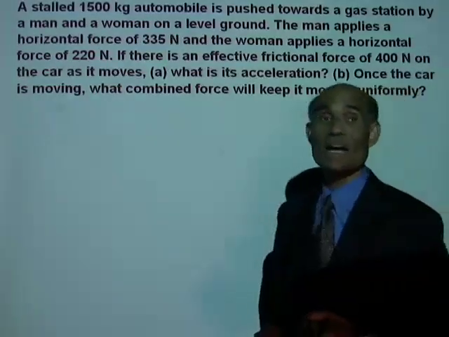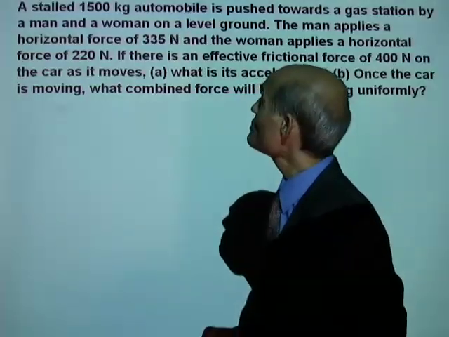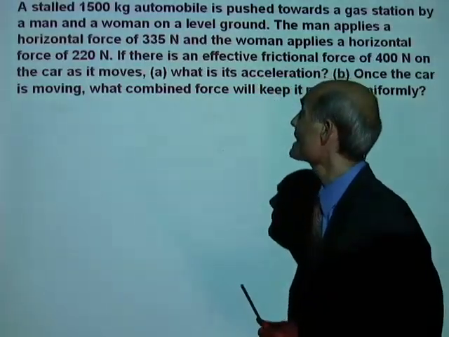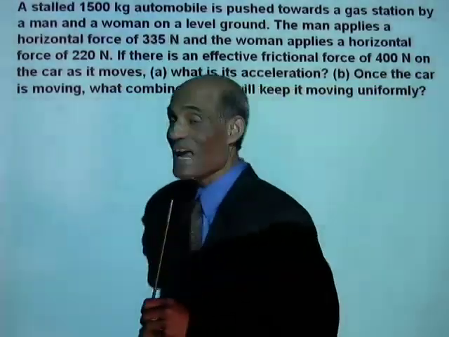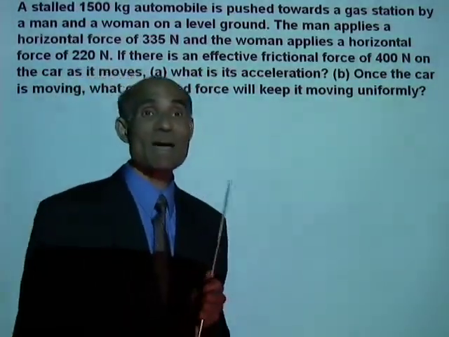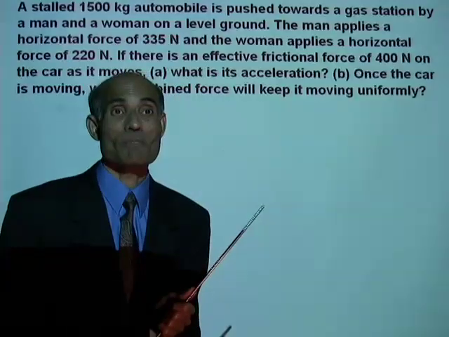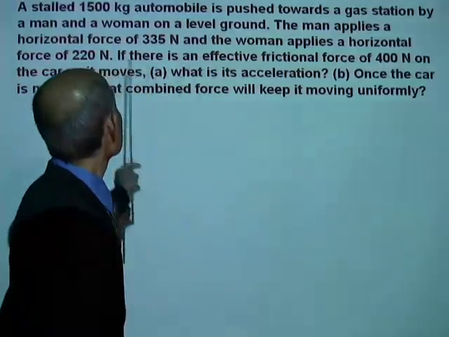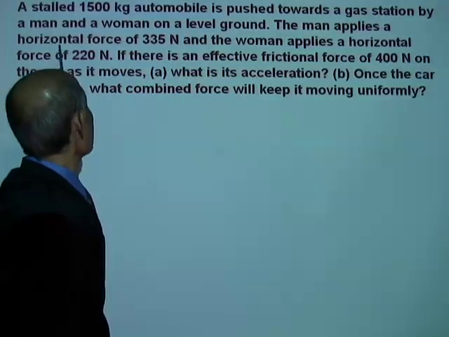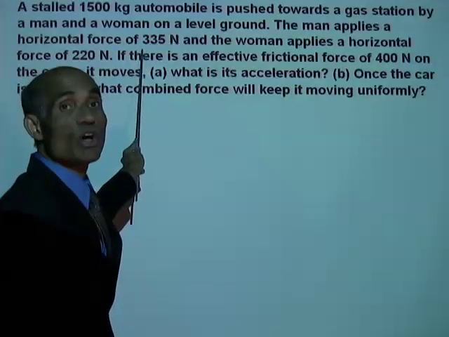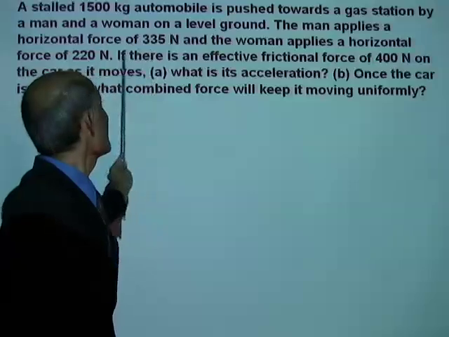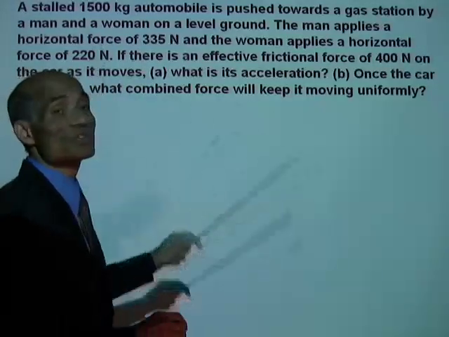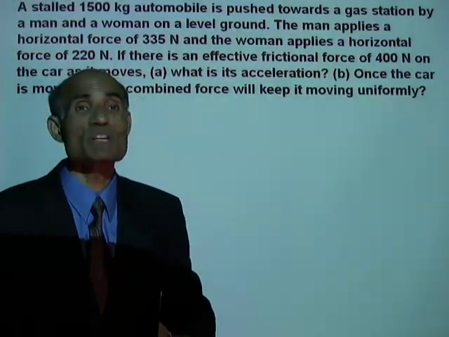Okay, let's look at another problem. A stalled 1500 kilogram automobile is pushed towards a gas station by a man and a woman. The man applies a horizontal force of 335 Newton and the woman applies a horizontal force of 220 Newton.